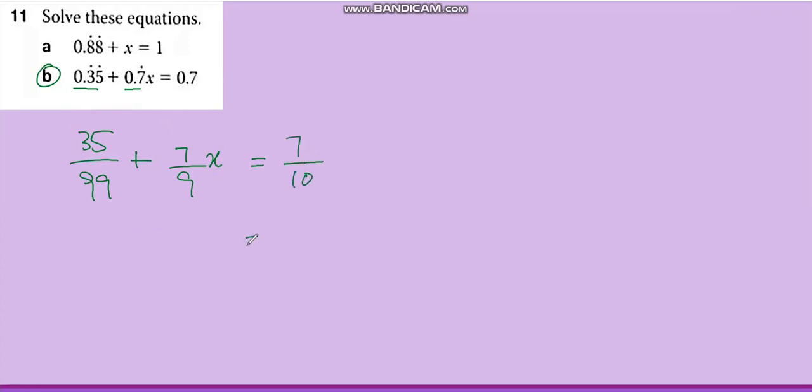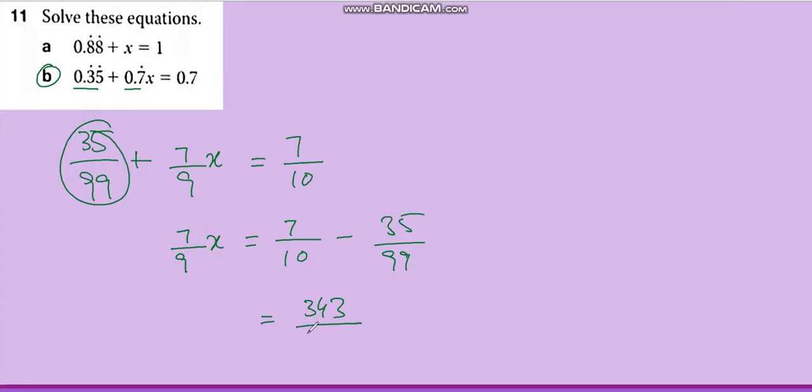Now we can first bring this constant to the right side, and then we will solve for x. So 7/10 take away 35/99. We can use the calculator, and our right side will become equal to 343 divided by 990. And on the left side, we have 7/9.